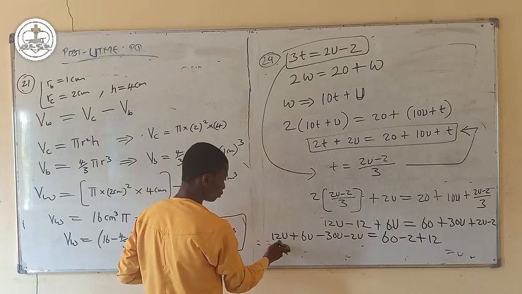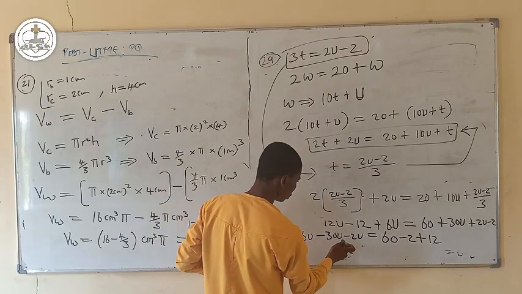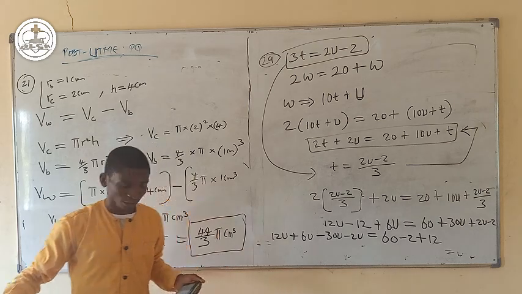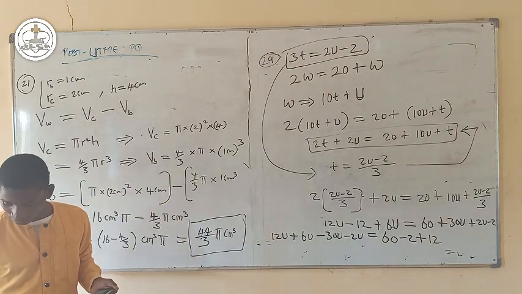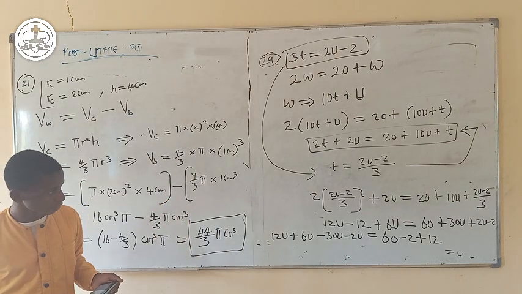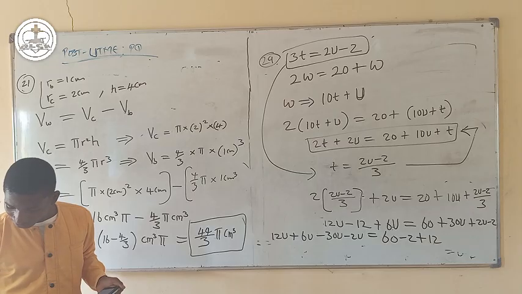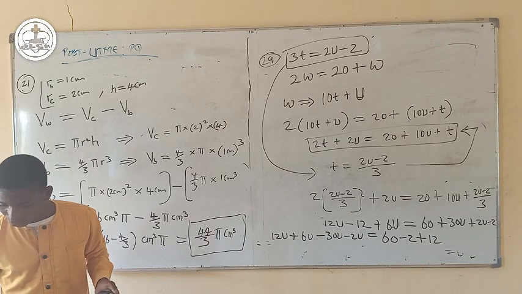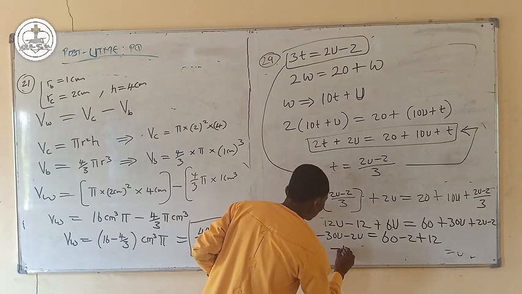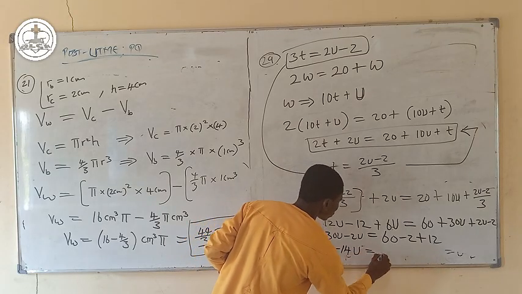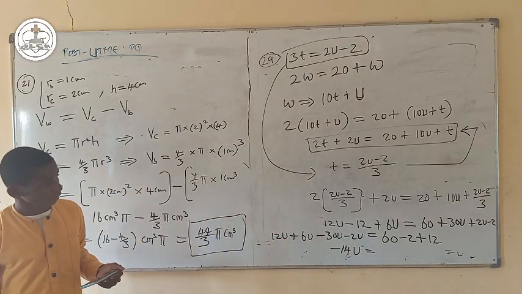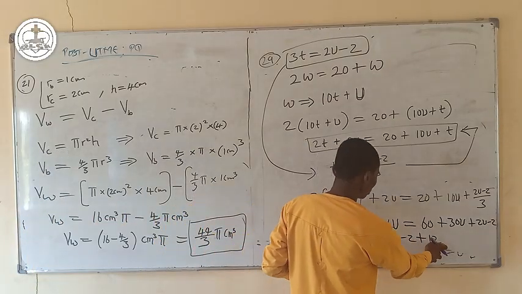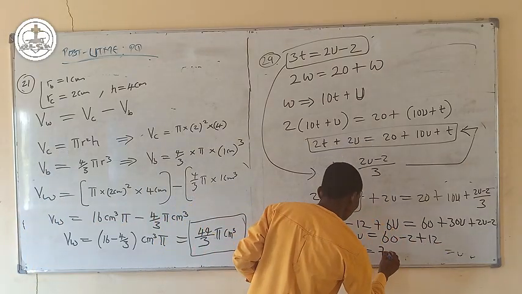If we resolve this, 12 plus 6 minus 30 minus 2 will give us minus 14u is equal to 60, and we have 70. Minus 2 here will be 10, and we have 70 here.